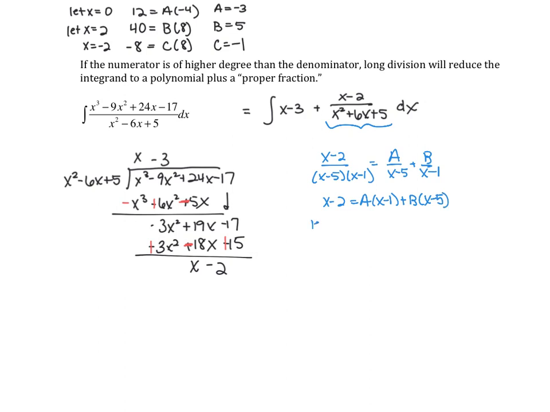Using Heaviside, I'm going to let x equal 5. So we would get 3 equals a times 4. So a equals 3/4. And then I'm going to let x equal 1. So we get negative 1 equals b times negative 4. So we get b equals 1/4.